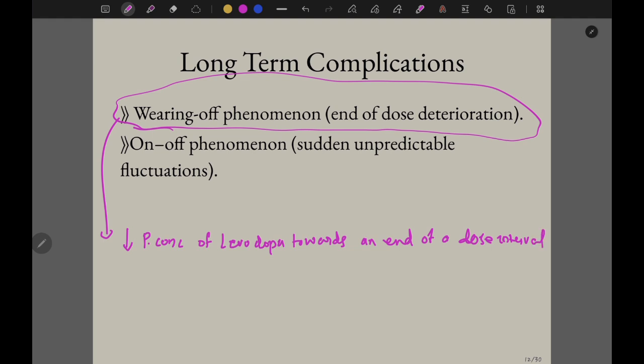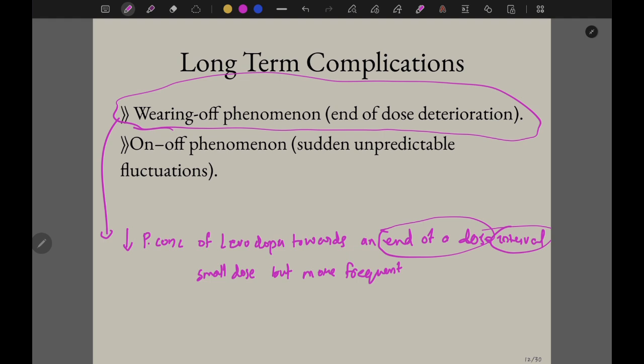At the end of the dose interval, the plasma concentration of levodopa decreases, so the effect of levodopa decreases. That is wearing off phenomenon. And this can be prevented by administering levodopa in smaller but more frequent doses.